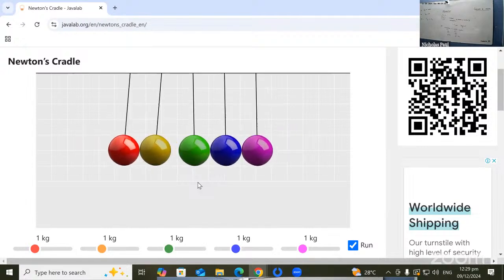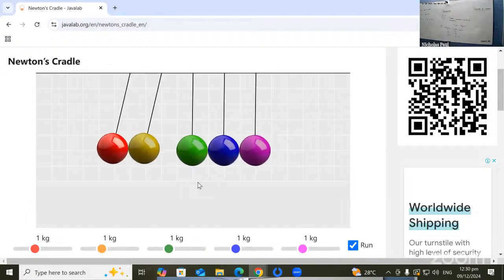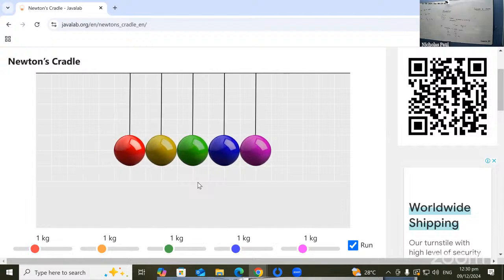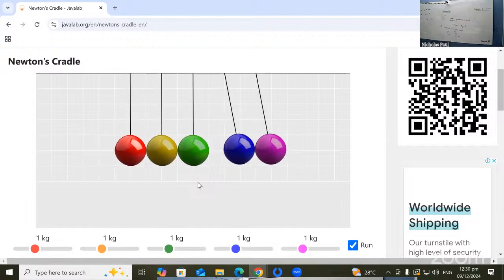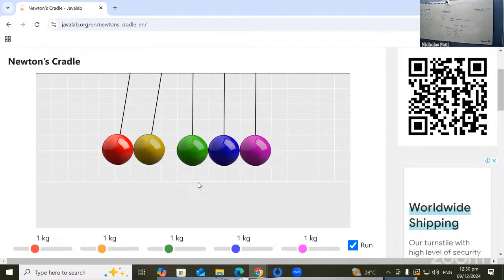And number two is when the yellow applies a force to the green, and the green applies that to the blue. So it is kind of being transferred. We have to combine all the forces. So basically, two things balancing out. Yellow applying to green, green applying to yellow, that balancing out.